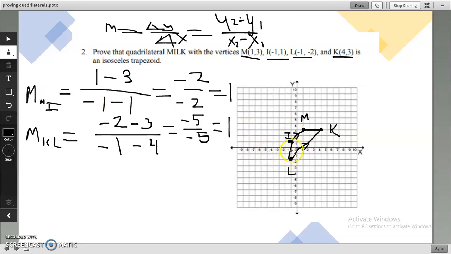Now we have to show that these two sides are not parallel. So let's do IL. L will be my second point.